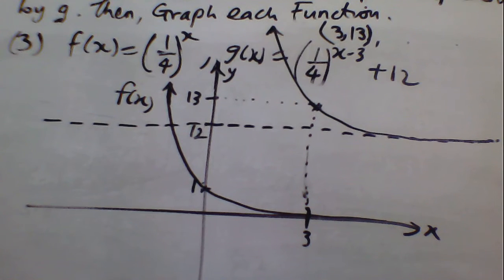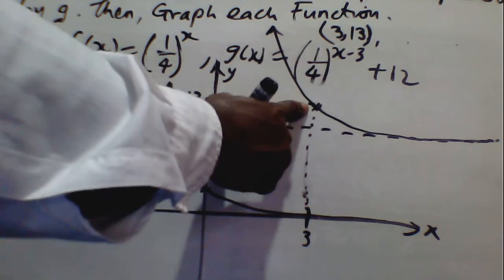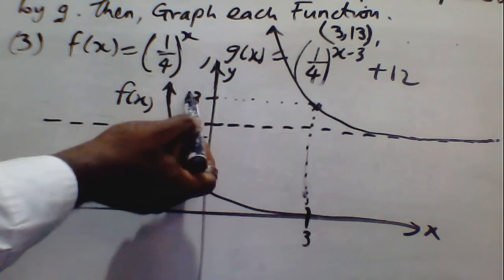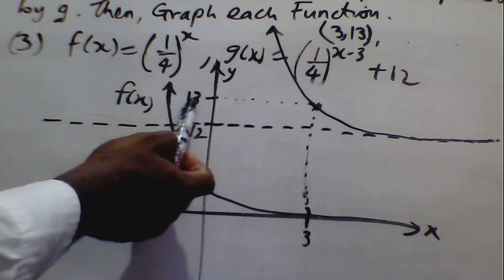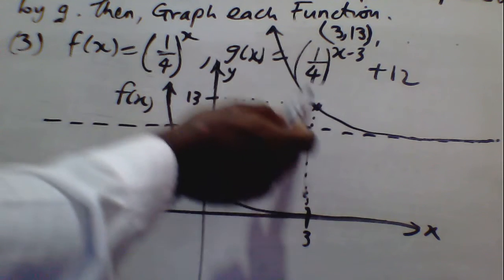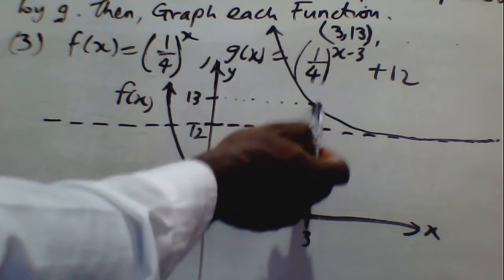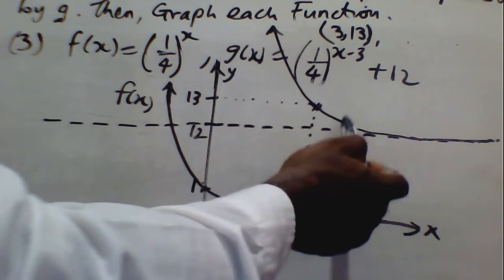This is it. This 13 here only gives us a point of turning, where it turns, because at that point x is 3, 13 gives us a point where it turns, and there's 12 as the intercept in the g of x, acting as the horizontal asymptote.